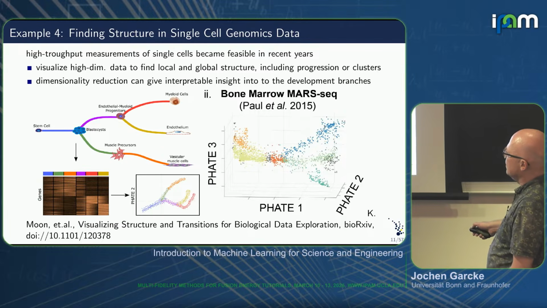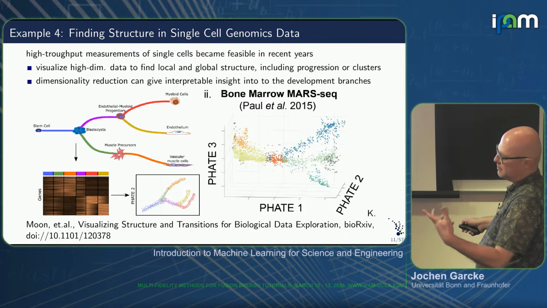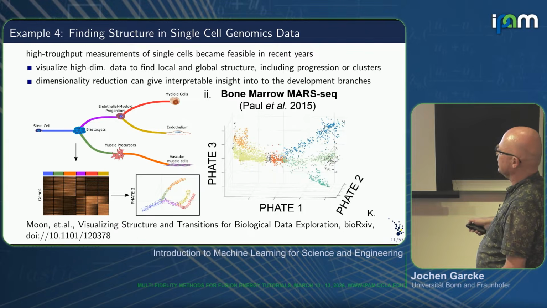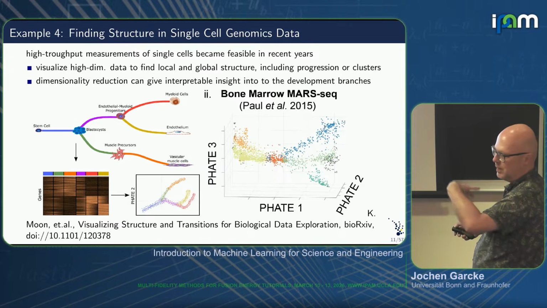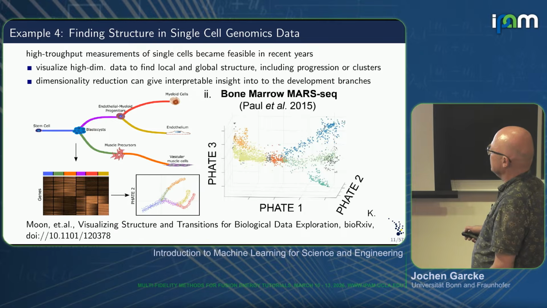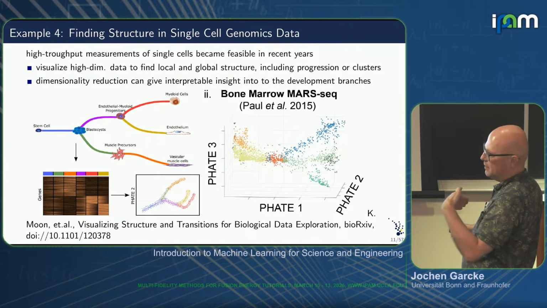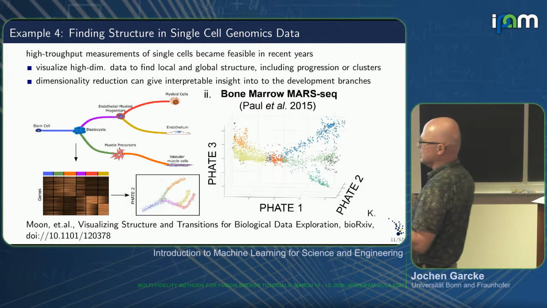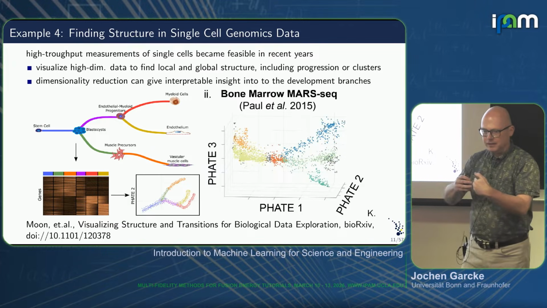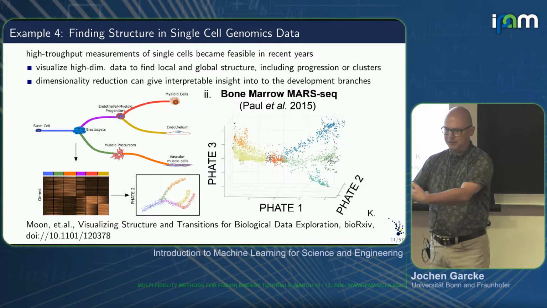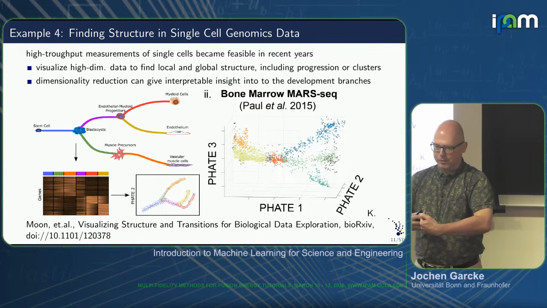So this is how stem cells start and evolve into different branches over time in their lifetime. And so the measurements are done. I'm starting, let's say, with a blood culture and letting it evolve in my biological system.